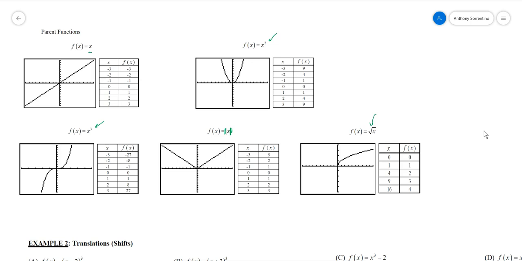And it's important to note that because, essentially, these parent functions, and the reason why they're parent functions is any of the interesting graph behavior, if there really is any, tends to occur at the origin. If you look here, there's the line, not really. I mean, the line just passes through the origin. For the parabola, that's where it reaches its bottom point and then starts going up in the other direction.